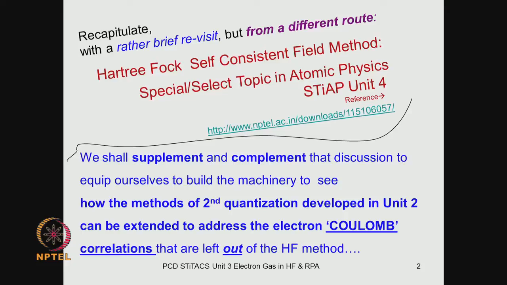Our intent of course is to deal with the Coulomb correlations which are left out of the Hartree-Fock. The Hartree-Fock, as we know, includes the exchange correlations or the statistical correlations, the Fermi-Dirac correlations as we refer to them, but not the Coulomb correlations, which are the many body effects, and our intent is to address these Coulomb correlations.